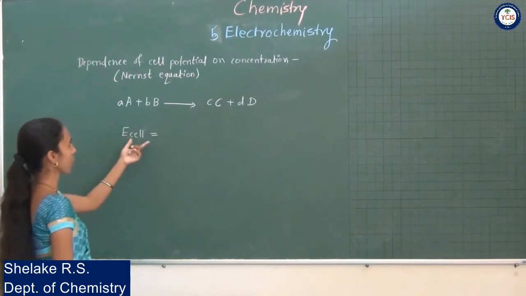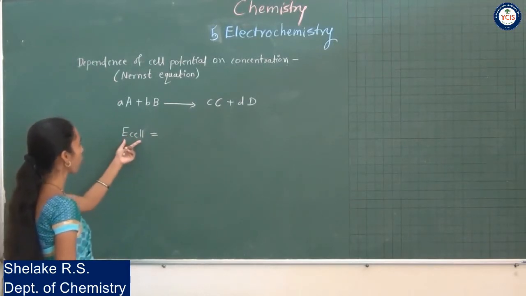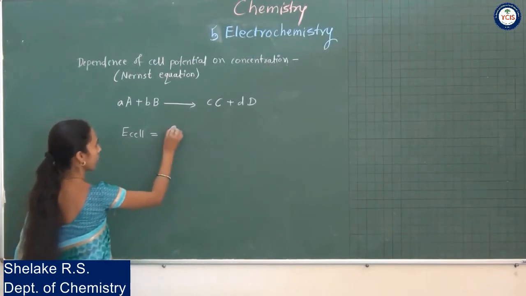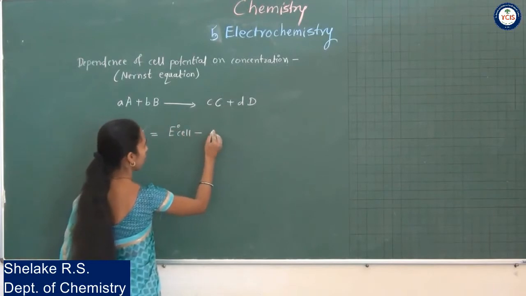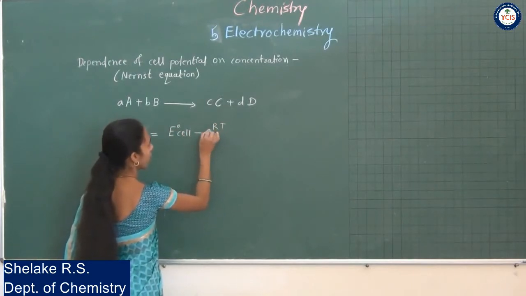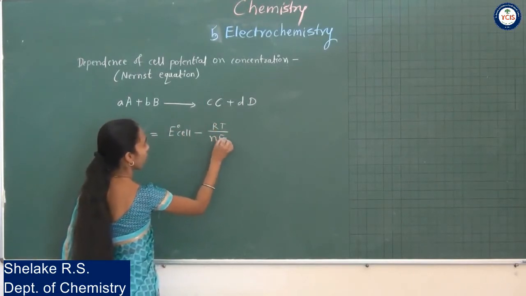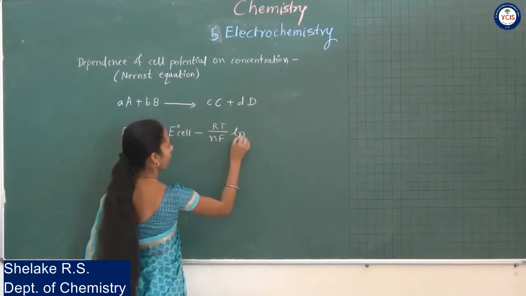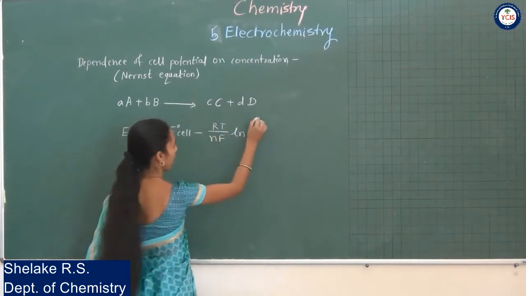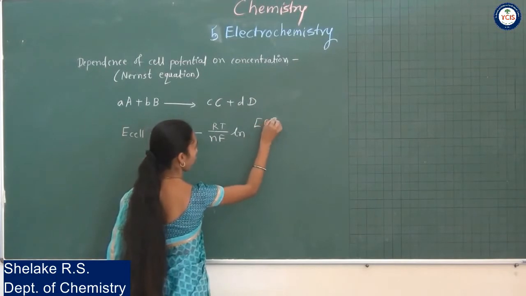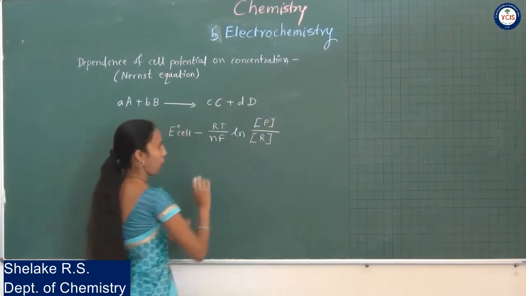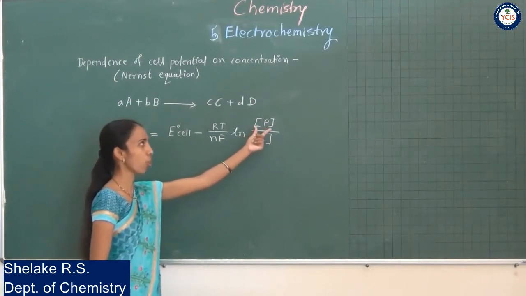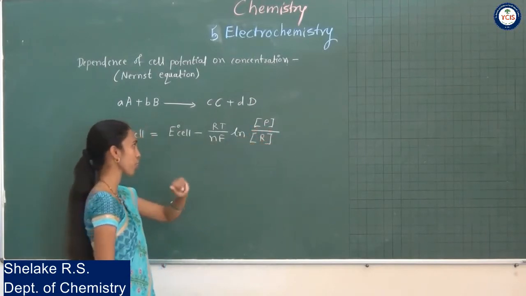Using it we directly write the formula: E cell is equal to E0 cell minus RT upon NF ln of the concentration of product divided by the concentration of reactant.